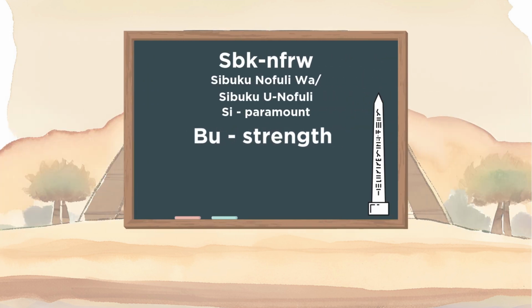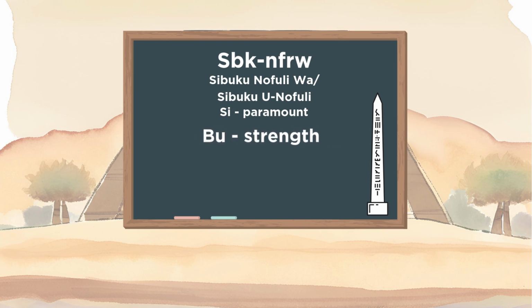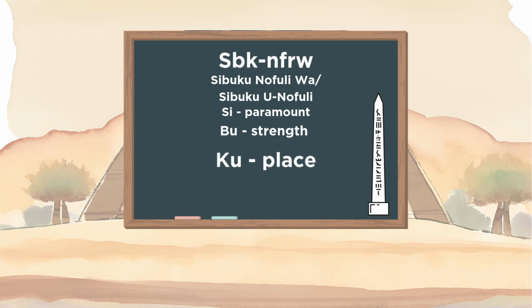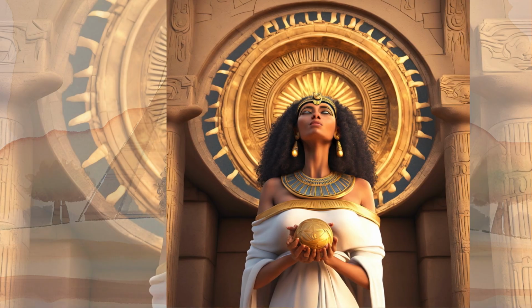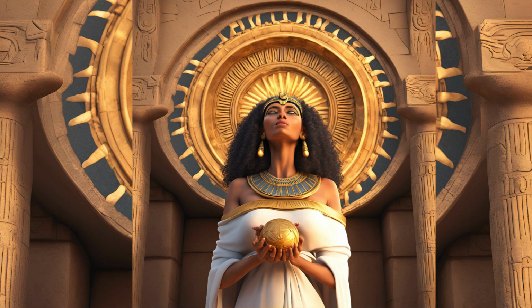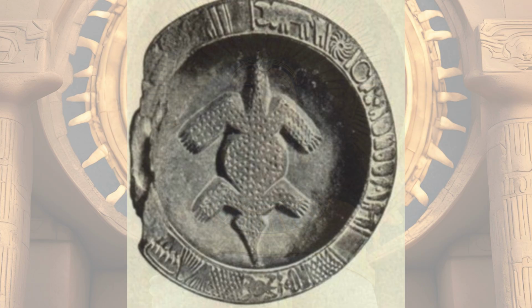Bu is the synonym for strength. Gu is the synonym for a place. So, Sibugu means a place of paramount strength, which is where the high lords and ladies' realms were located, and these were represented by the crocodile emblem.